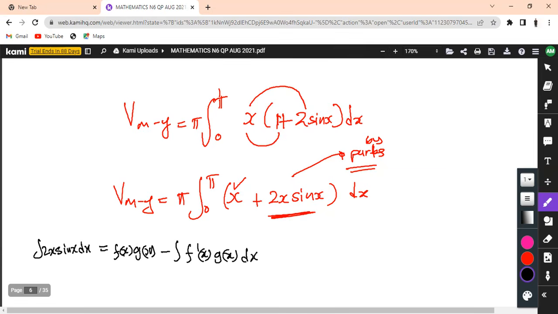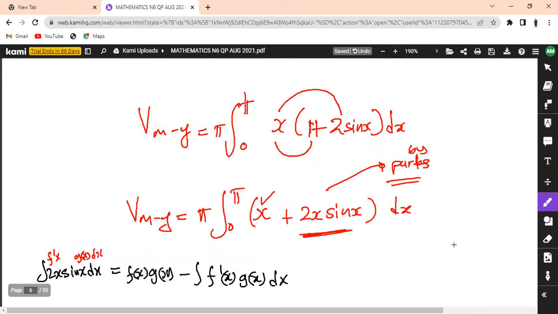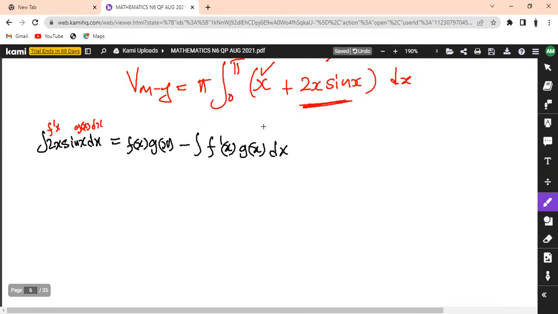Whereby this is our f of x here, f prime x. All right, this is our f prime x here, and this is our g of x dx, this part. Let me just try and increase a little bit. So that is f prime x, and this is g of x.